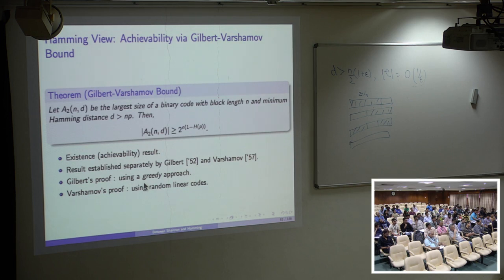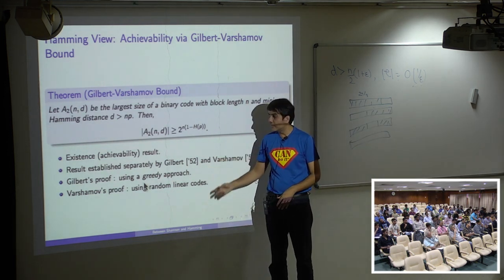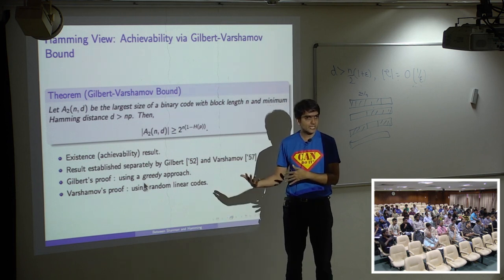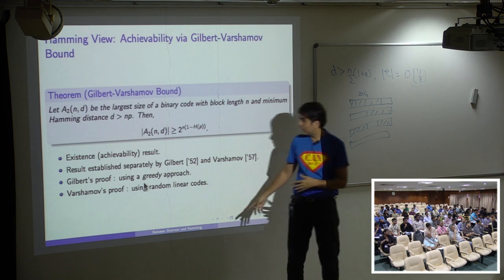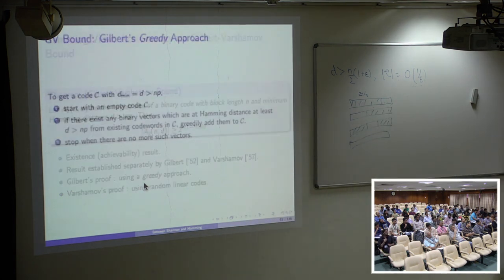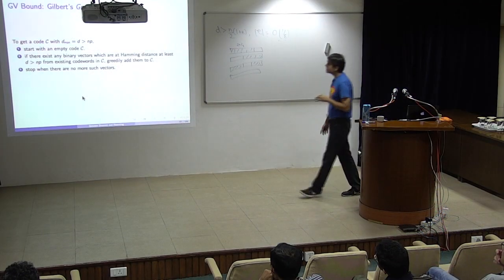So there's a couple of proofs. Gilbert gave a greedy approach leading to nonlinear codes. Varshamov gave a linear code which basically has the same rate. I actually forget which proof is coming up in these slides. So let's look at Gilbert's greedy code.